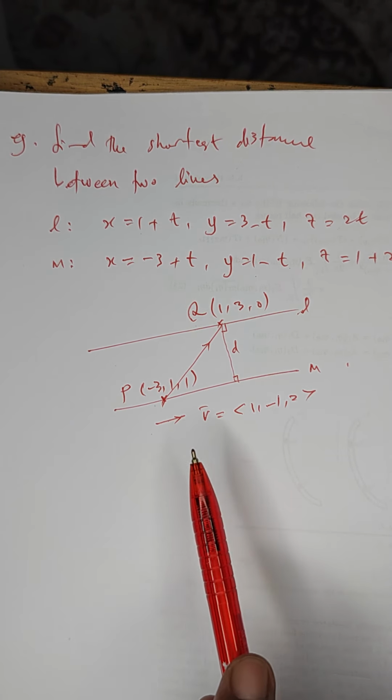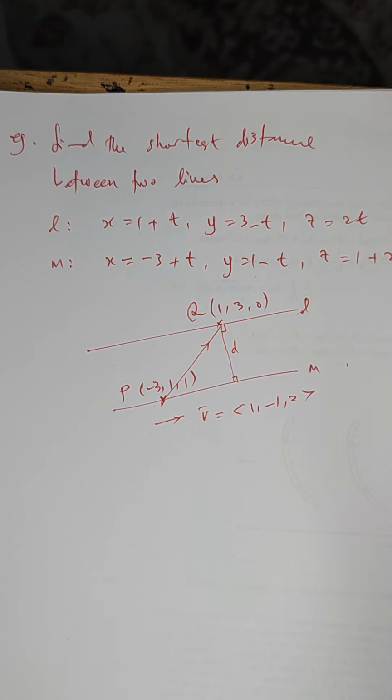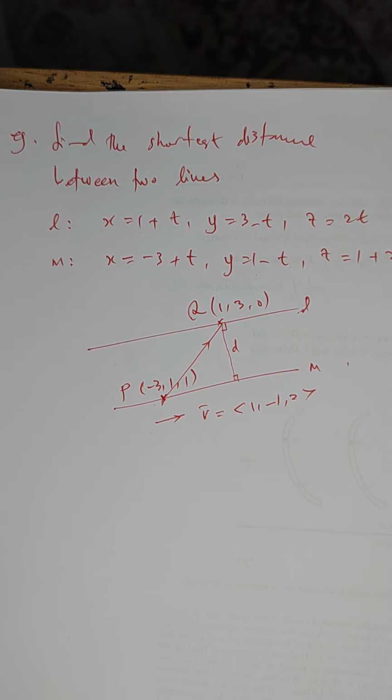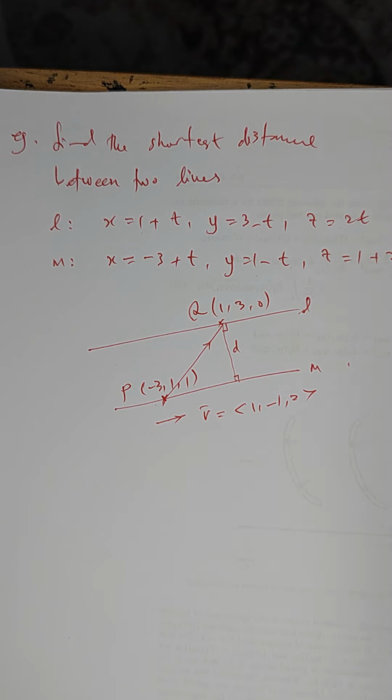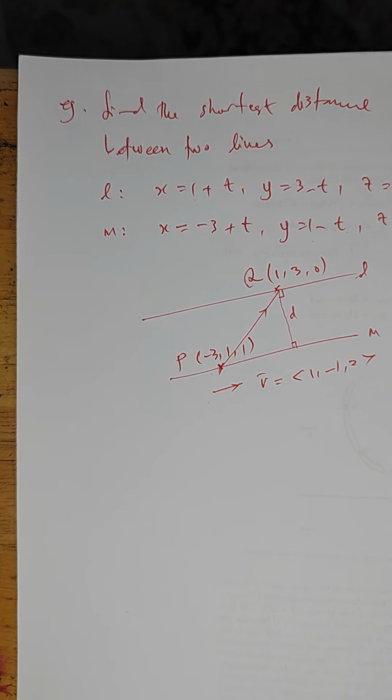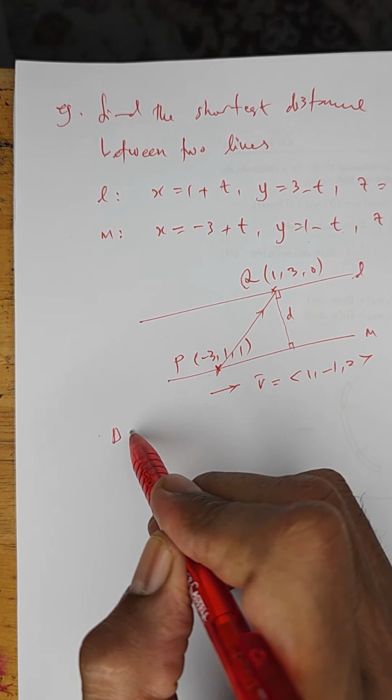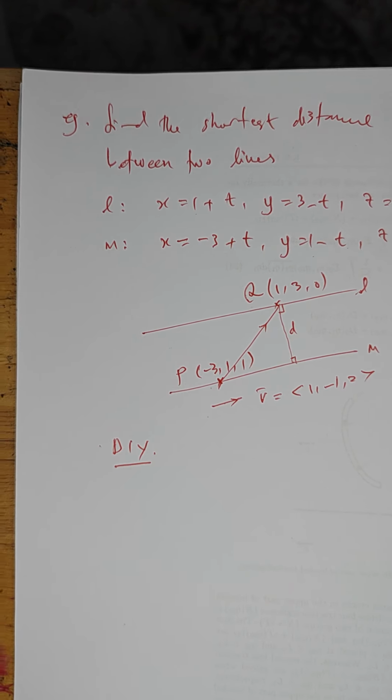You can take the cross product of PQ with V, find the magnitude, and therefore you can find the distance. I leave it to you as an exercise. Do it yourself.